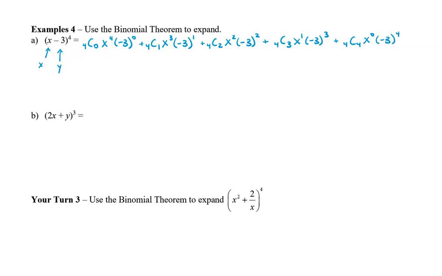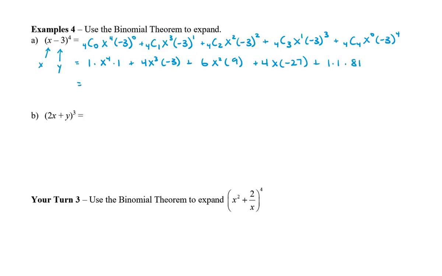All right, so if you have Pascal's triangle memorized, you can just write that down, or if you need to, you can type it out. So this will be 1 times x to the 4 times 1, plus 4x cubed times negative 3, plus 6x squared times 9, plus 4x times negative 27, plus 1 times 81.